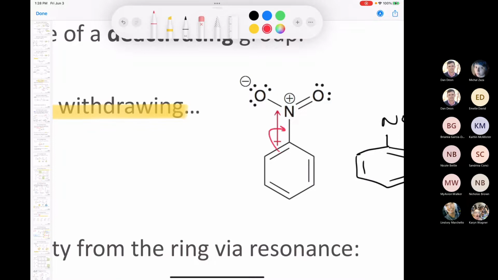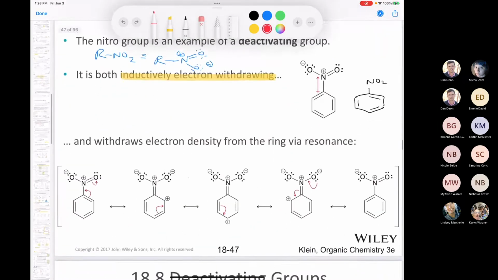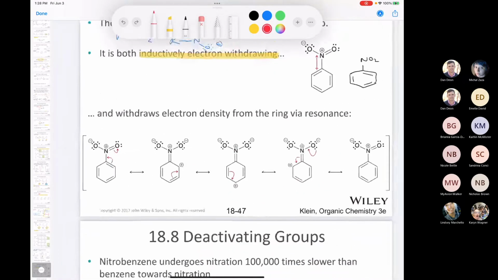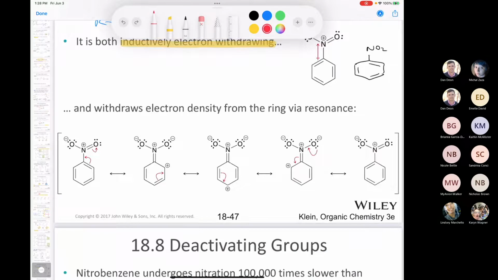Look at this. You could pour electron density out like this. Now, I'm going to erase those arrows because they should be shown down here, and that's exactly what you see right here. You see that if you draw the resonance contributors to the overall resonance hybrid of nitrobenzene, check this out. You end up with 3 resonance contributors where it actually shows a positive charge in the ring.